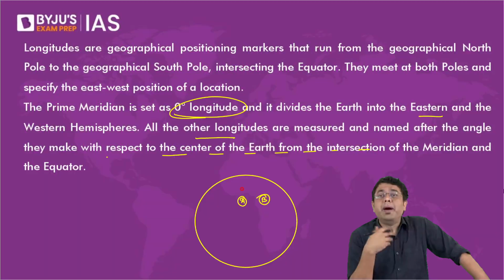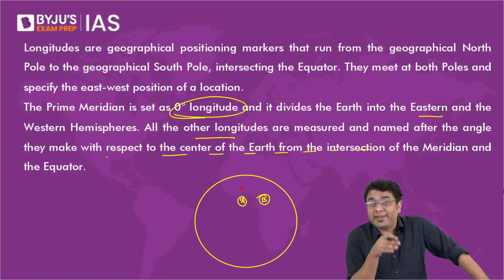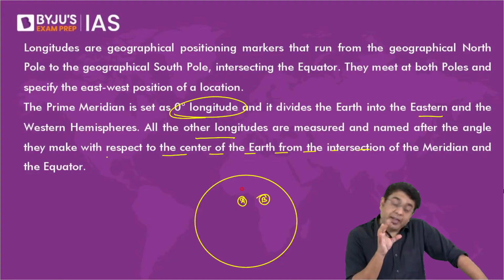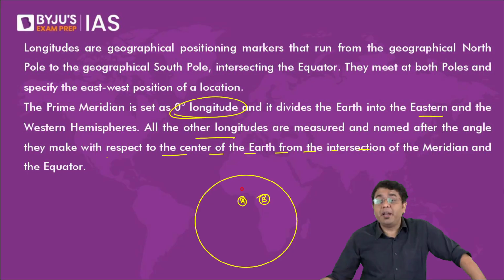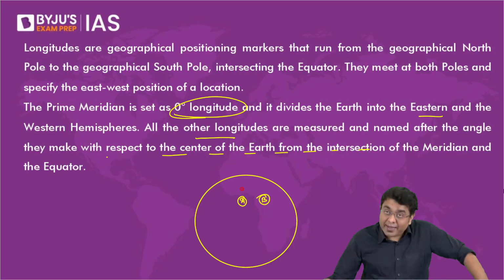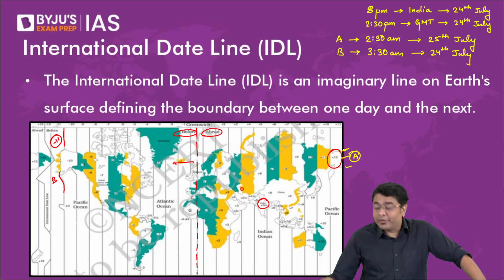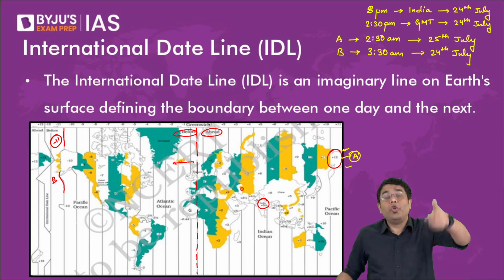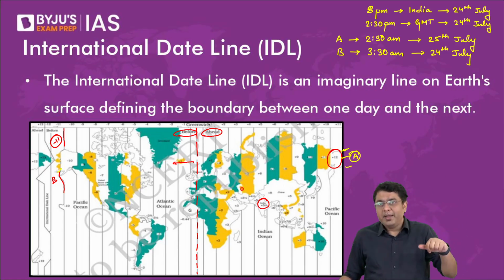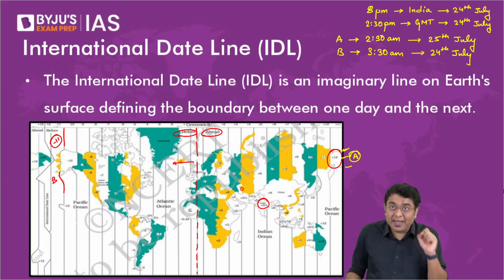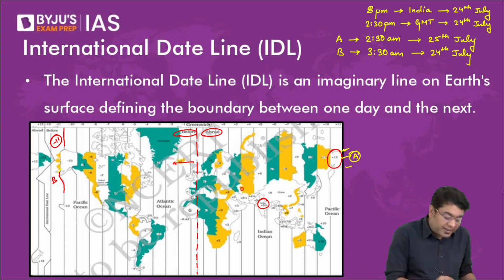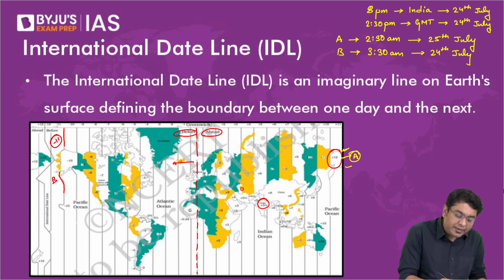So what demarcates the difference between the same day and the next day? Because the planet is a sphere, it keeps on rotating. How will we designate when the next day will come? So that is why, for the ease of timekeeping, around the exact opposite of the prime meridian, that is around 180 degrees, the anti-meridian, an imaginary line is drawn.